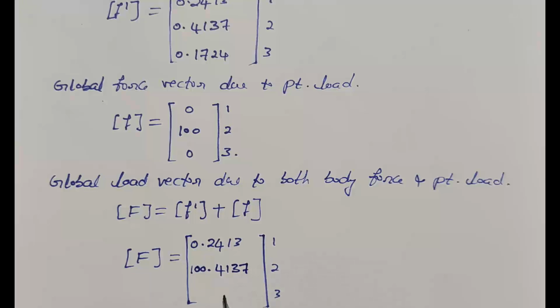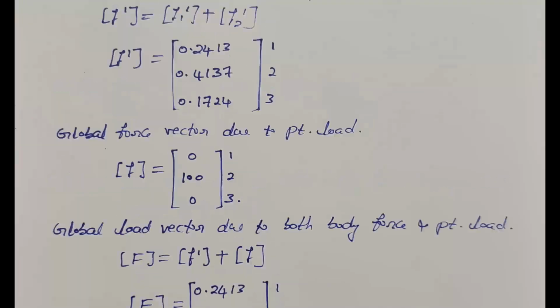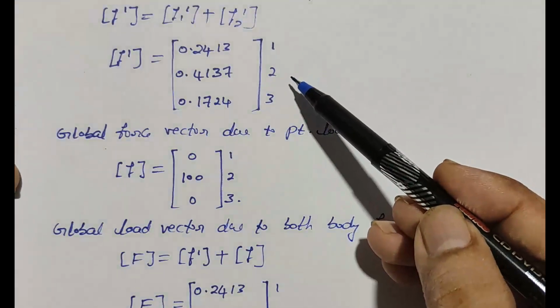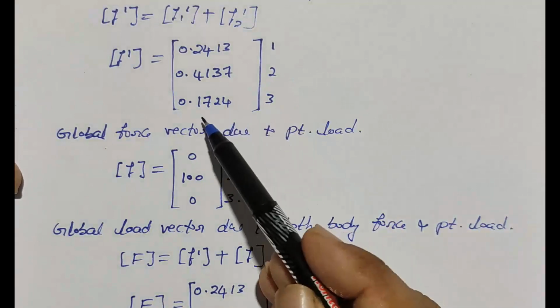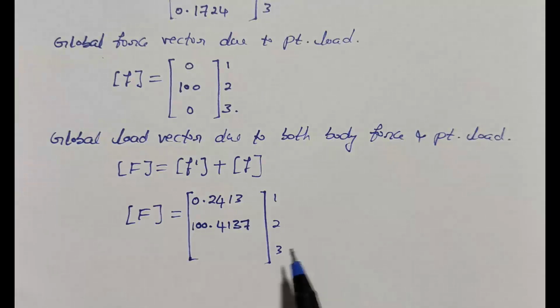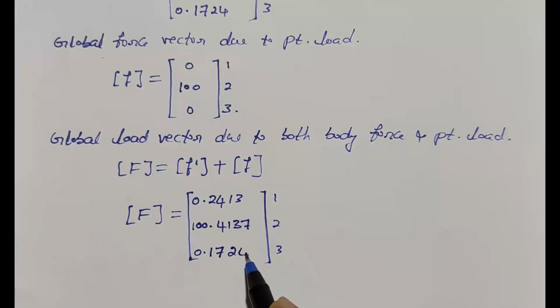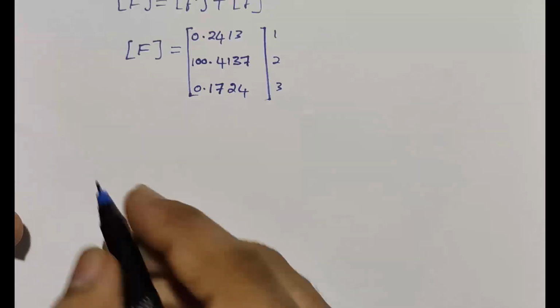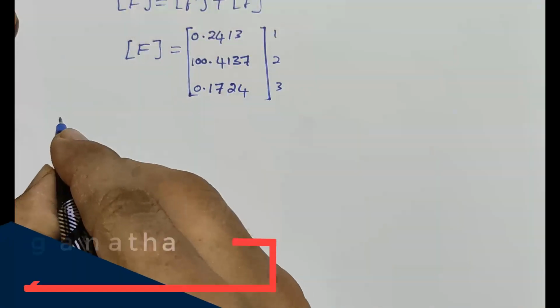Next we need the element corresponding to 3. See the global force vector due to body force. Here element corresponding to 3 is 0.1724, but here it is 0. Therefore element corresponding to 3 will be 0.1724. This is the global load vector by combining load vector due to body force and point load. Next is equilibrium condition.